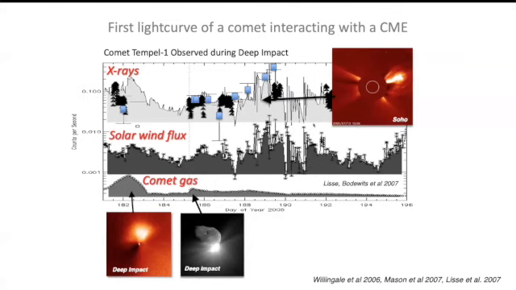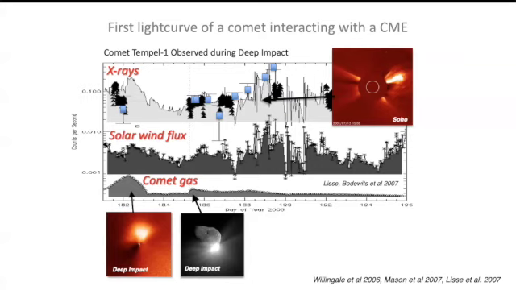Now, by simply taking the product of the solar wind flux and the comet gas, you get sort of a prediction of how much X-rays you would expect from this object. And that's shown here. So in black, you have X-ray brightness measurements acquired with Chandra, and in blue, you have X-ray brightness measurements acquired with Swift.